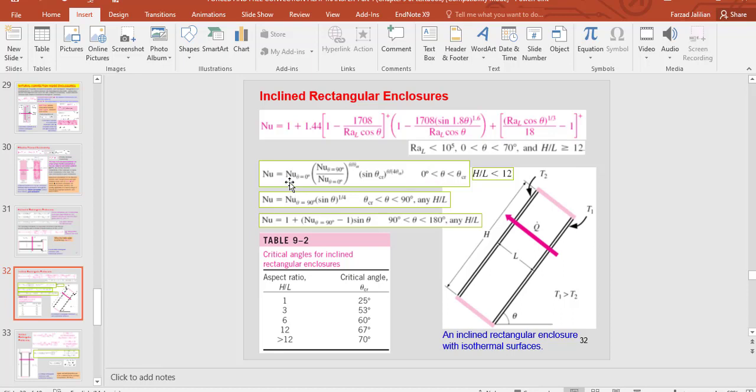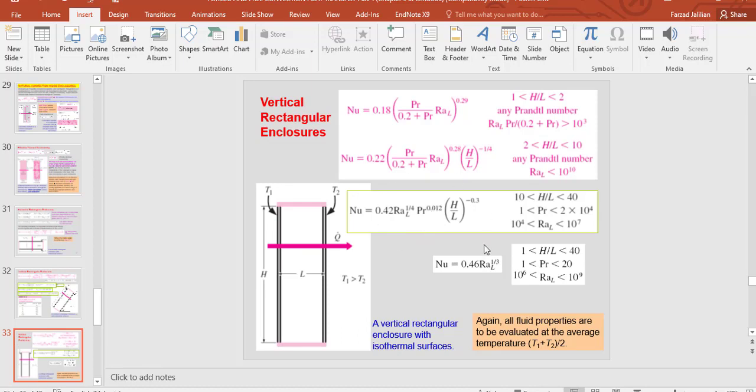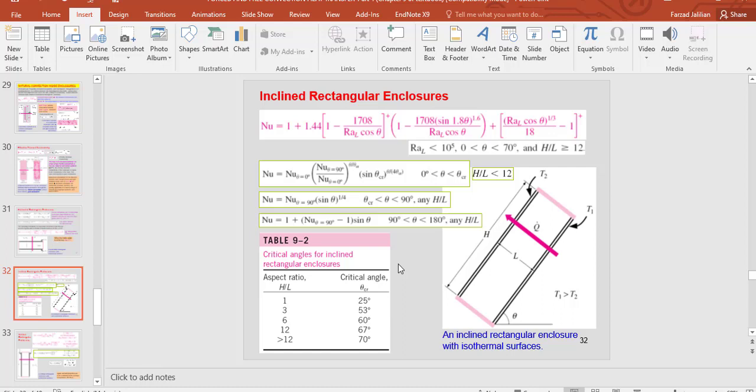Nusselt number in this case is equal to Nusselt number for the condition when theta is 0 degrees, which you can find in previous slides, times this division, which is Nusselt number when theta is 90 degrees, which can be found in the next slide, which I will tell you, for vertical rectangular enclosures, divided by Nusselt number when theta is 0 degrees, or horizontal enclosure, times sine of that, to the power of these values, which are the angle of orientation, theta critical, and theta, which is the real tilt angle.